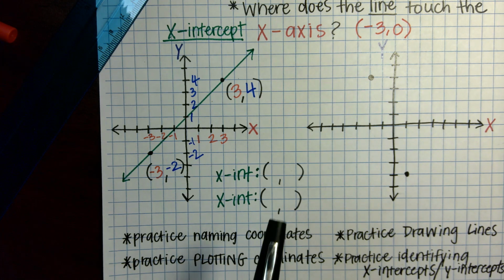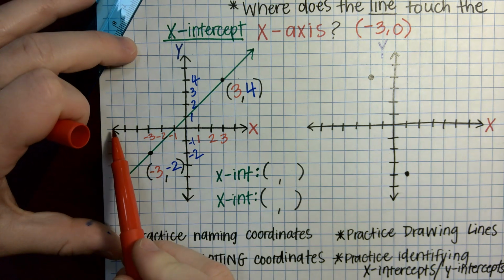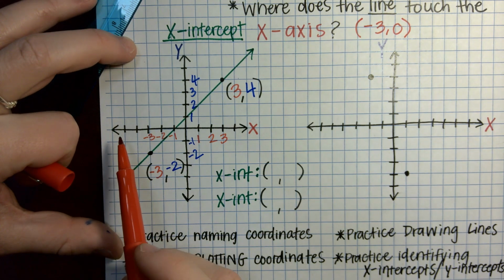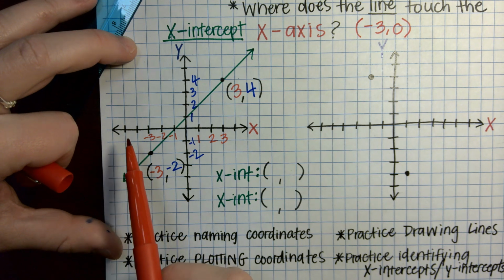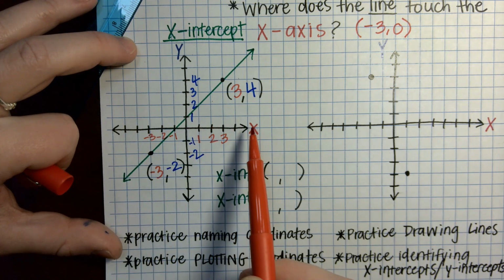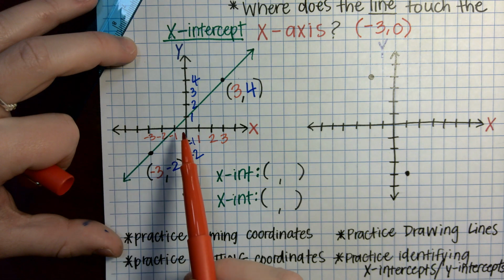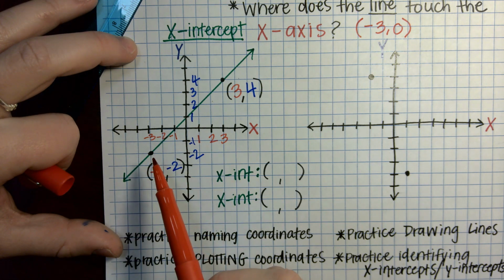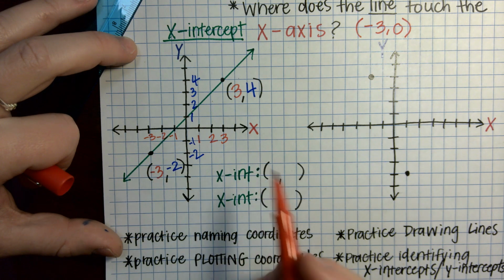So let's look at our x-intercept first. The x-intercept is where the line touches the x-axis. So I would take your pencil, marker, pen, finger, whatever, and I would trace it along left to right on the x-axis. And I want you to write a little point where that line crosses the x-axis.